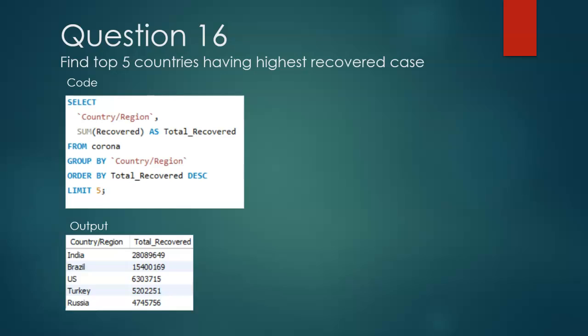After calculating the total recovered and using the group by function, we have set the limit to 5, and in sorted order we get India, Brazil, US, Turkey, and Russia as the output in the coronavirus dataset with the highest recovered cases.